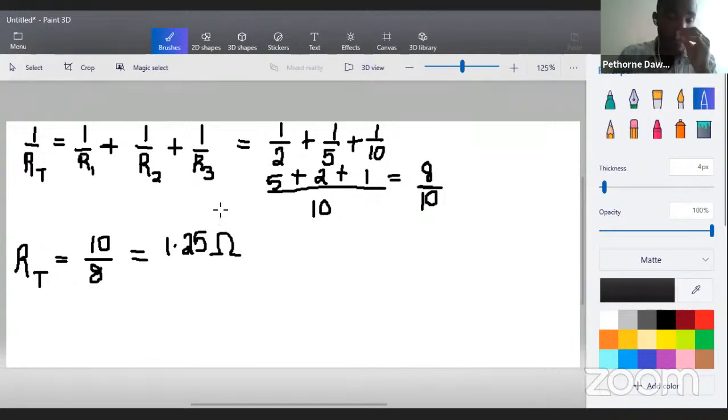And it is interesting to note that you have 2 ohms, 5 ohms, 10 ohms. When they're connected in series, they give a total of 17 ohms. Here, in parallel, they don't even give 2. They give 1.25 ohms. So what you should be aware of is that when resistors are connected in parallel, the effective resistance decreases.